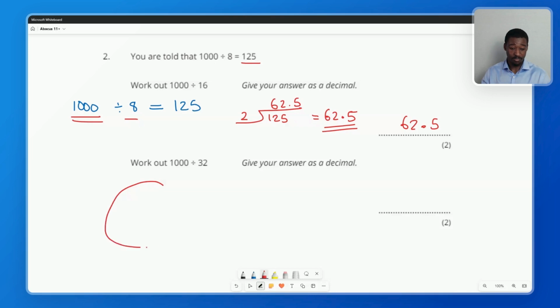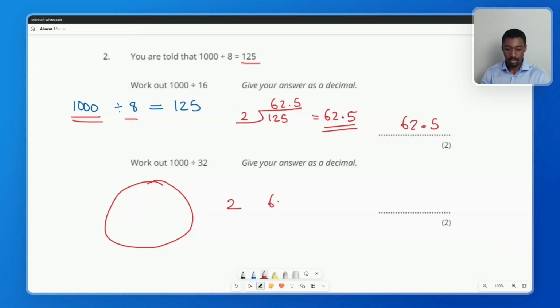Now, if we have that same pizza, I mean, you're not going to get much food anymore because we're cutting up into, again, twice as many sections, twice as many pieces. So if 1000 divided by 16 gives us 62.5, then 1000 divided by 32 will be half of 62.5.